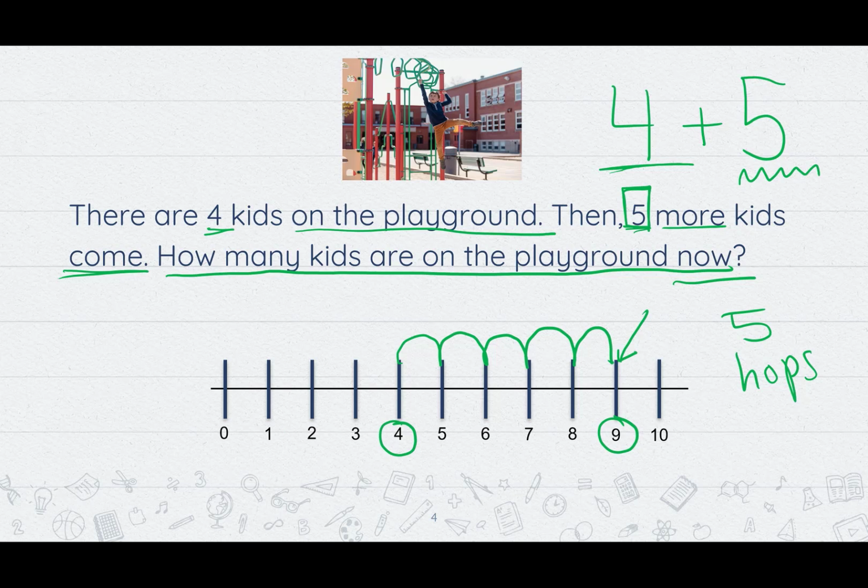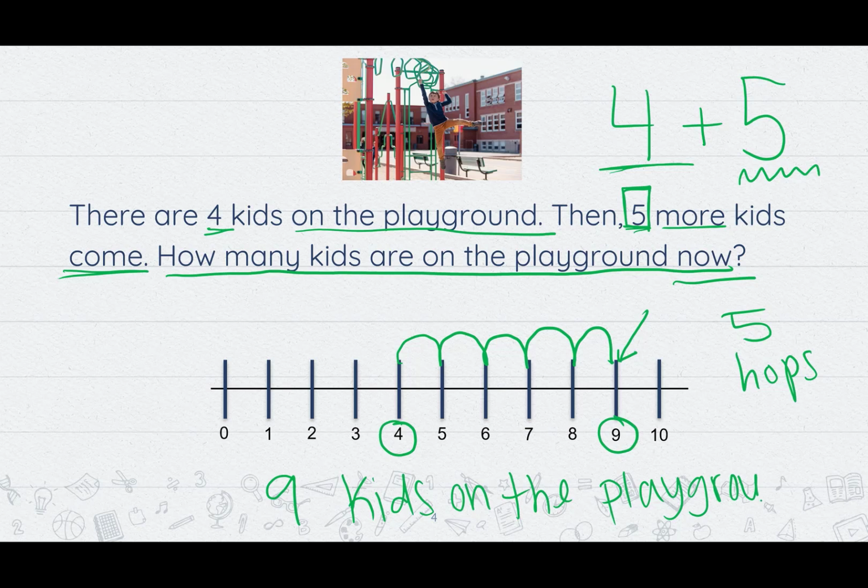So now there are 9 kids on the playground. So this is how we can use our number line to help us with addition word problems.